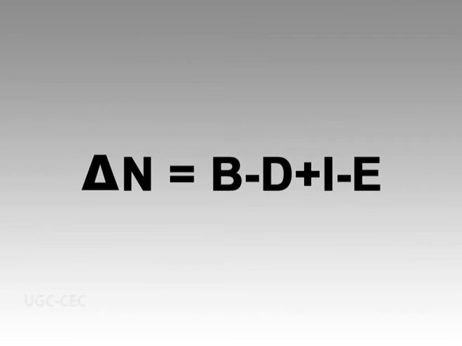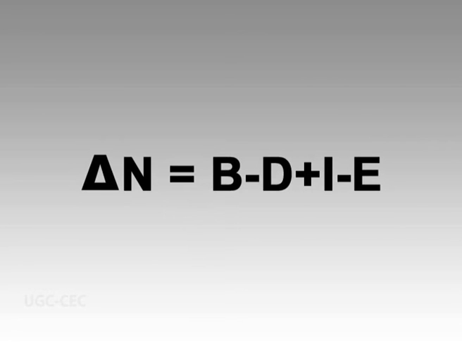Now, the change in population size from one census to the next census can be obtained by the following equation. Delta N = (B - D) + (I - E).